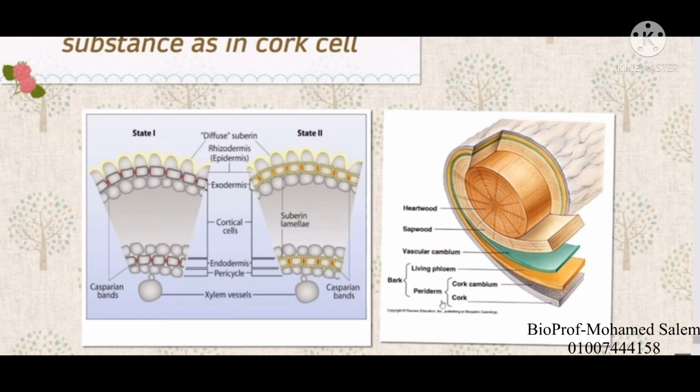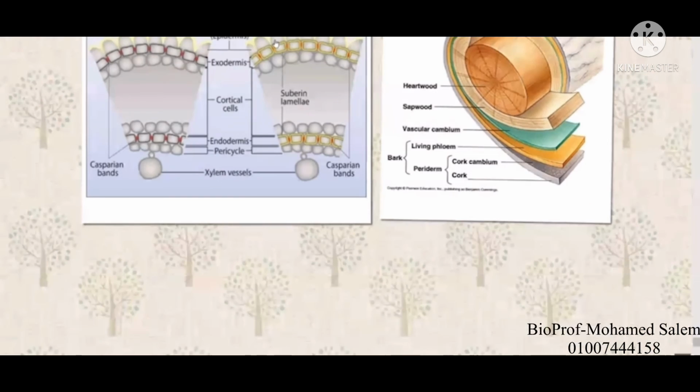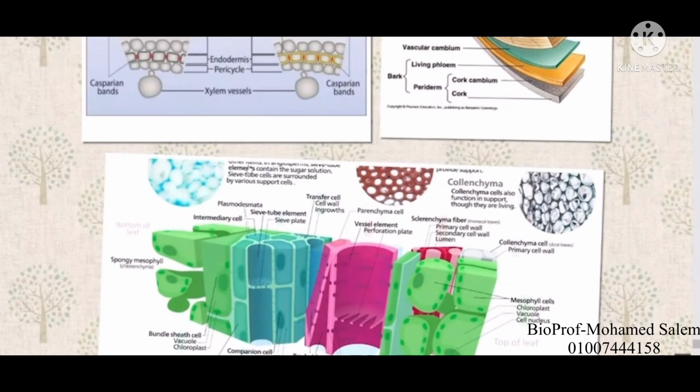This is called the bark, and it consists of living phloem and the periderm that consists of cork cambium and the cork. Okay, the cork is the outermost layer. So it has suberin that supports the plant and is impermeable for water.